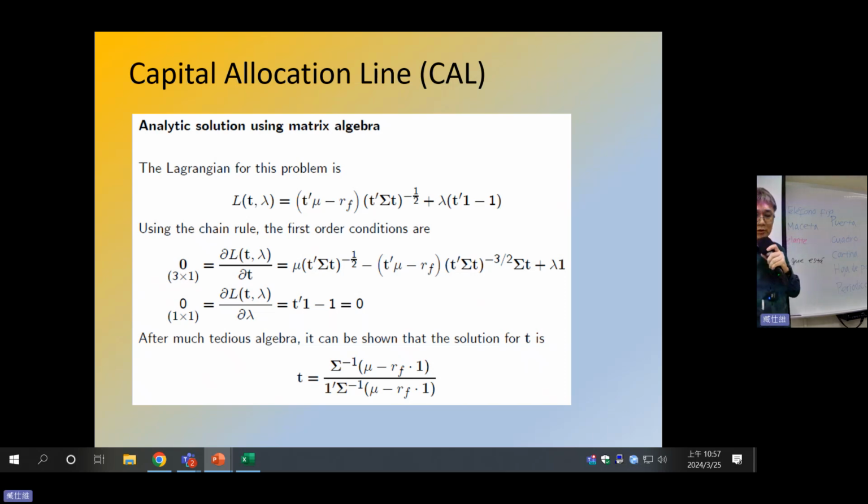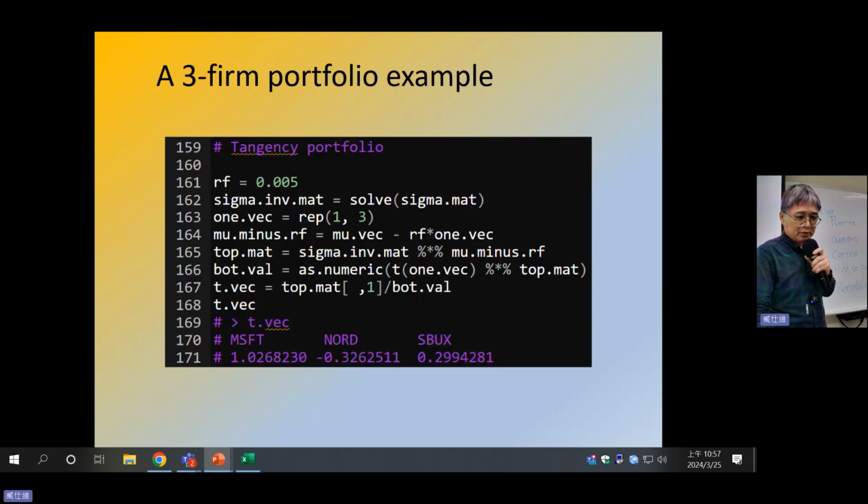And the denominator will be easier. In the bottom one here, we just use the transpose of one vector multiplied by the top matrix.